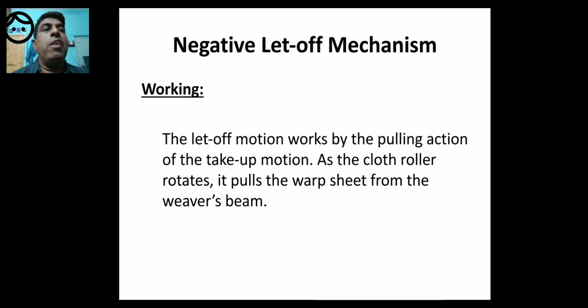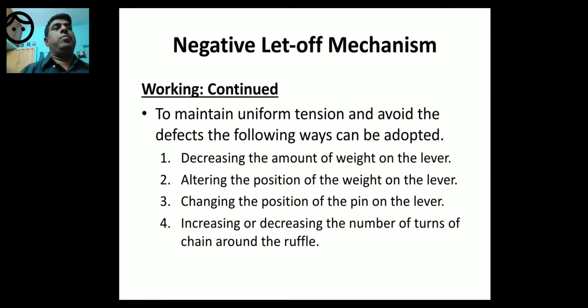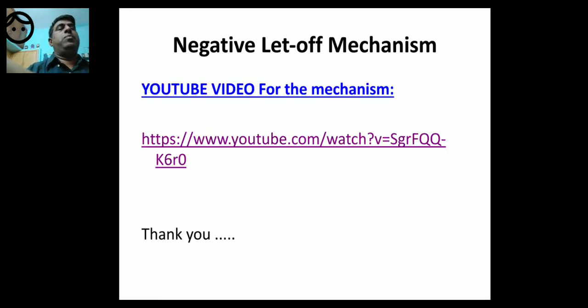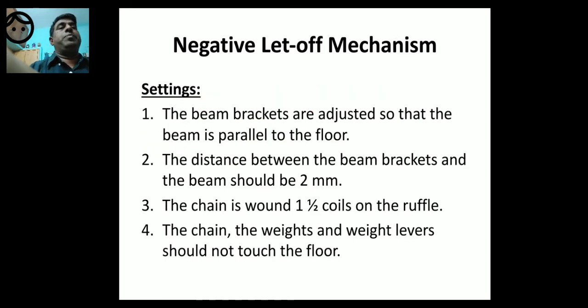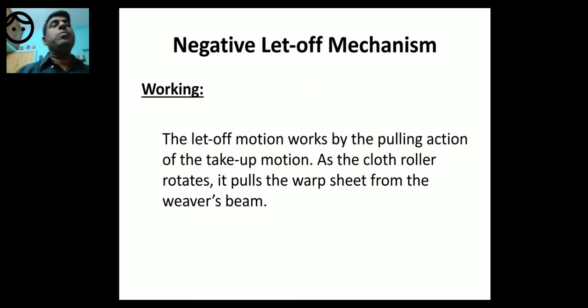So negative let off motion working. The let off motion works by pulling action of the take up motion. As the cloth roller rotates, it pulls the warp sheet from the weaver's beam. You see how simple the working is.